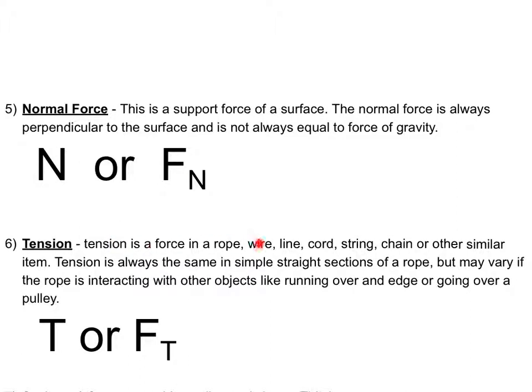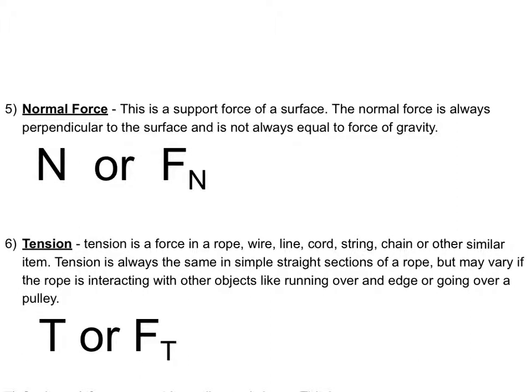Tension, force in a rope, wire, line, cord, string, chain, or any similar other item. It's always the same in simple straight sections of the rope, but tension doesn't always have to be the same within a rope if the rope is doing something complicated like running over an edge, or if it's going over a pulley or something like that.